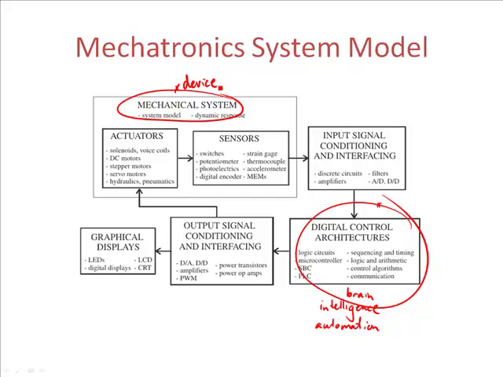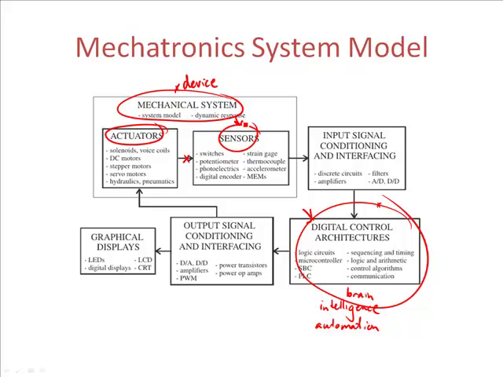What allows us to do that are sensors and actuators. And I would actually take this little arrow out here. So basically, in order for the computer to control the device, we have to first sense its state.